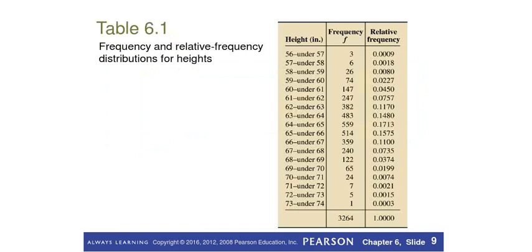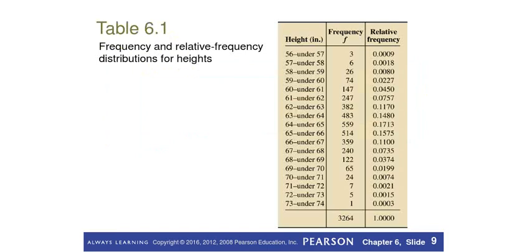Human height is actually a very good example of the kind of variable that would be normally distributed. There are many variables that determine height: nutrition, genetics, environment, exercise, a whole range of things. So it is a perfect candidate for a normally distributed variable.